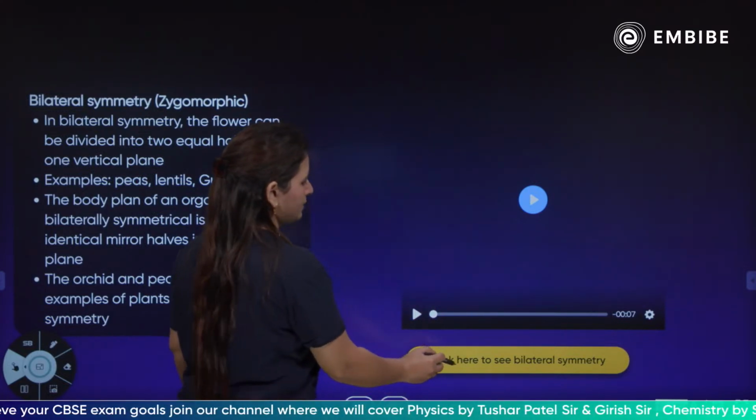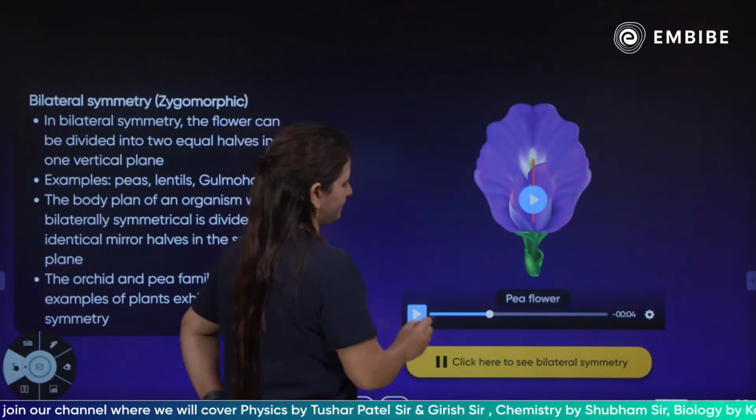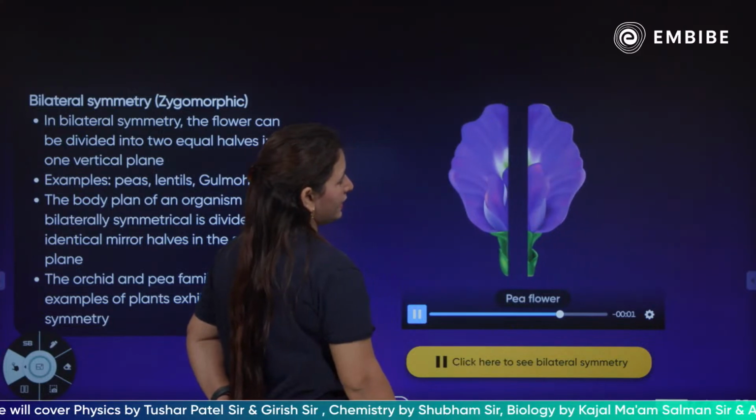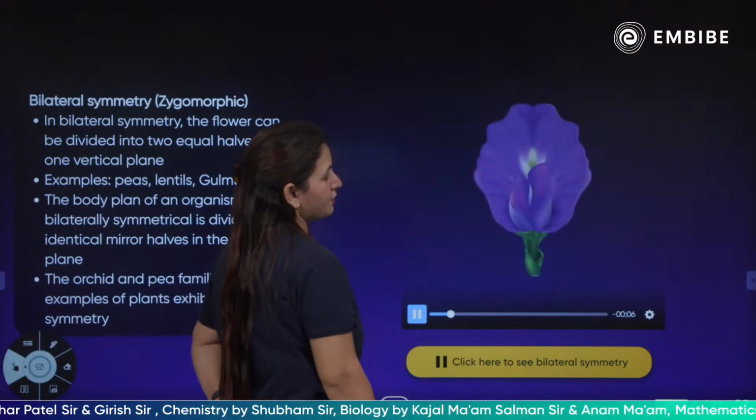As we click here, if this is the pea flower, only one single plane, this one, cuts it into two halves.